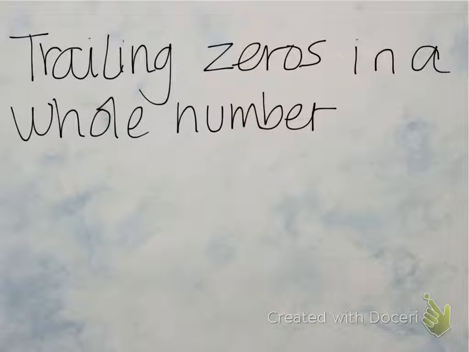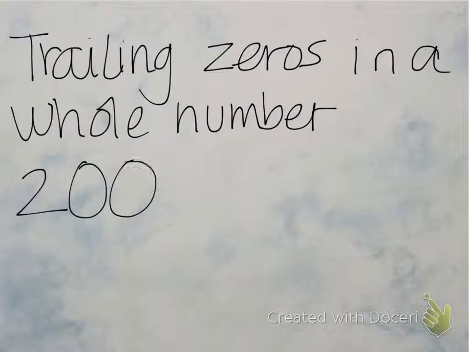Now, trailing zeros in a whole number. So a whole number is something that does not have a decimal. So something like 200. Significant, it's not a zero. And now we're wondering, what about this number, or this zero? These are trailing zeros. Trailing means behind in a whole number.